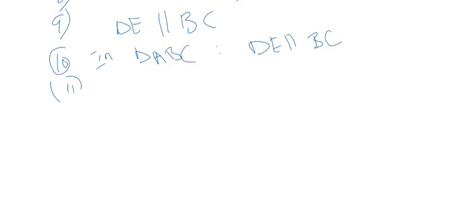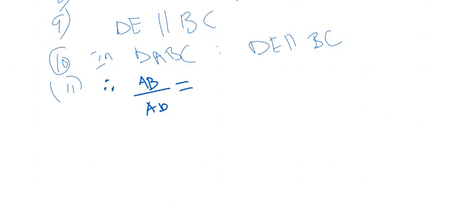Now the point 11 is that we have AB by AD equals AC by AE.